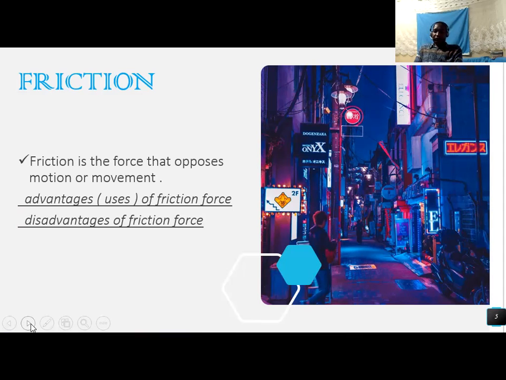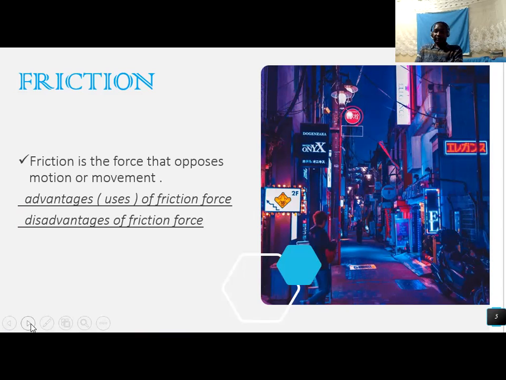The force of friction acts between the rubber and the road to enable us to race. Four is skating. The force of friction acts between the tarmac and the roller skates to enable one to skate.